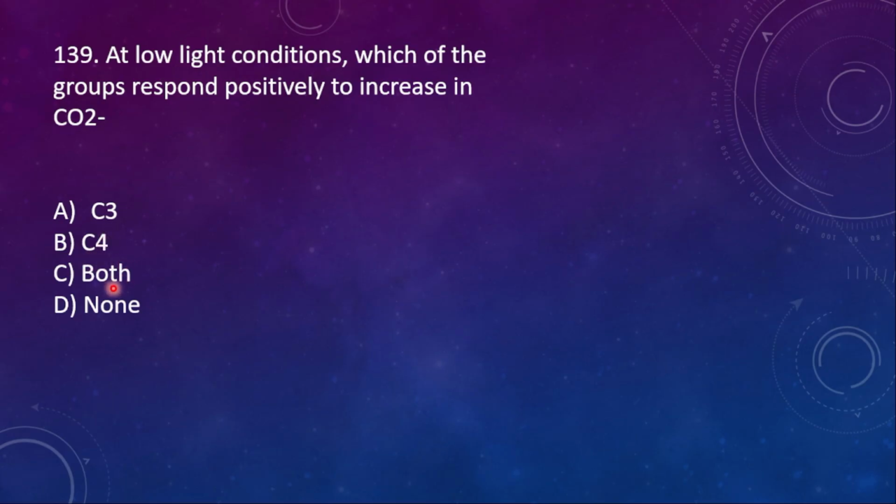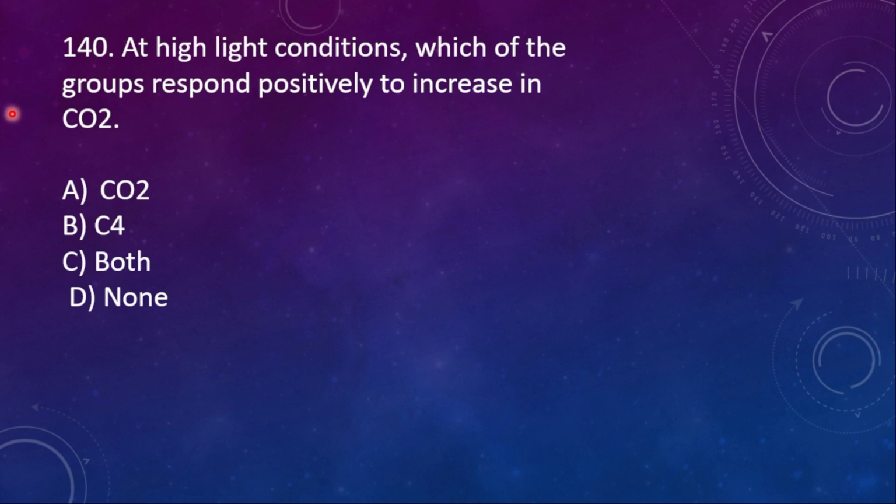C3, C4, both, none. Here the right option is none. 140. At high light condition, which of the groups respond positively to increase in CO2? A. C3, B. C4, both, and then none. Here the right option is C, both. It must be C3, not CO2.